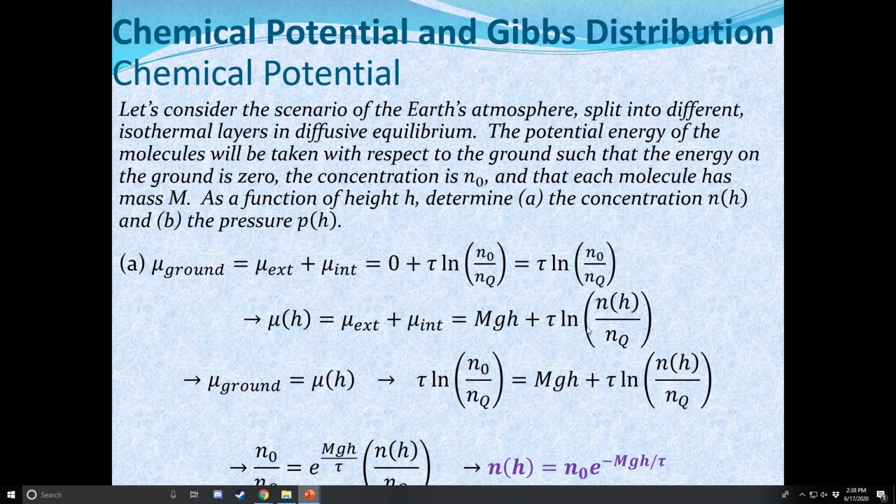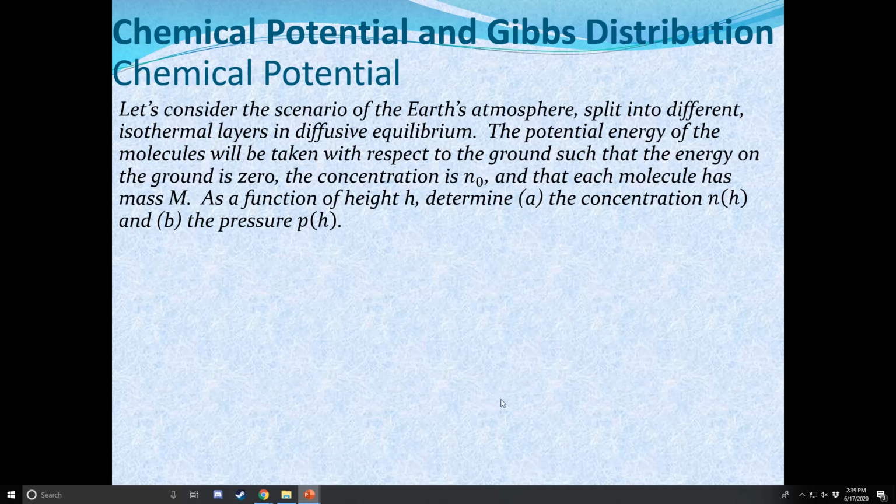So it's very commonly set up like this, where you have the internal concentration potential at the ground state, whatever the external potential energy is over here, and then the concentration at whatever the final spot is.